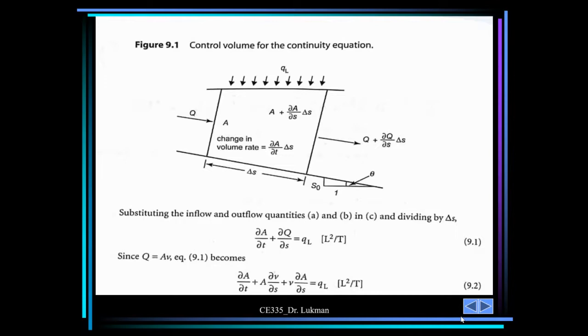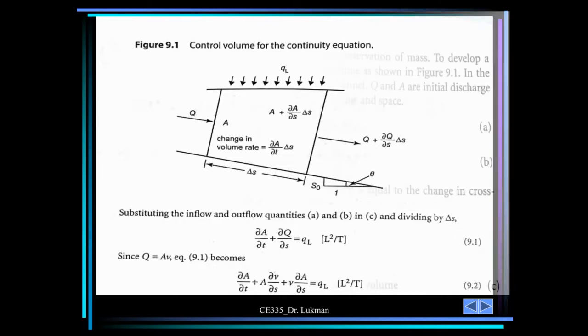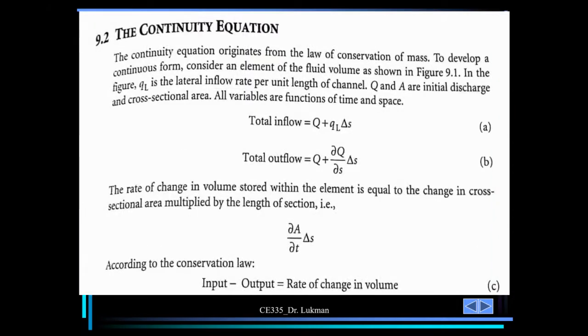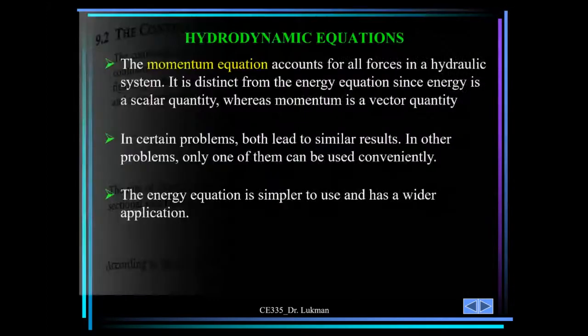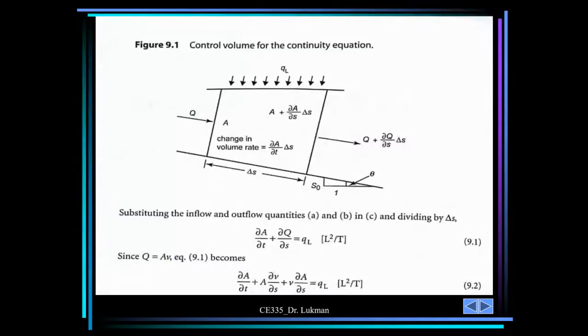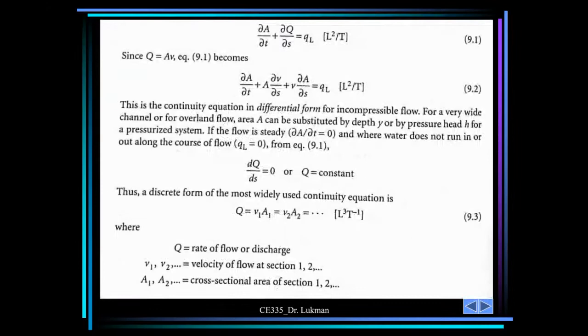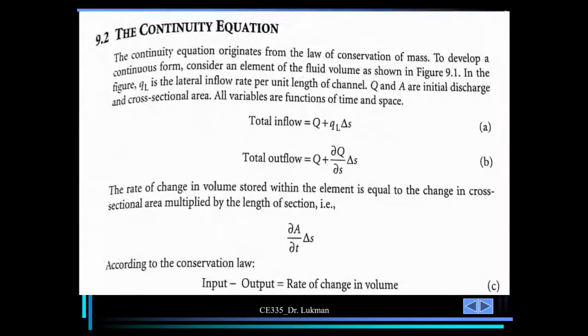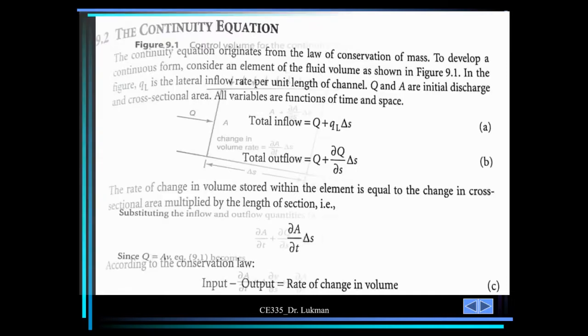So we consider an element of fluid flowing. In the figure, Q_L is the lateral inflow rate per unit length of the channel. Q and A are the initial discharge and cross-sectional area. All variables are functions of time and space.